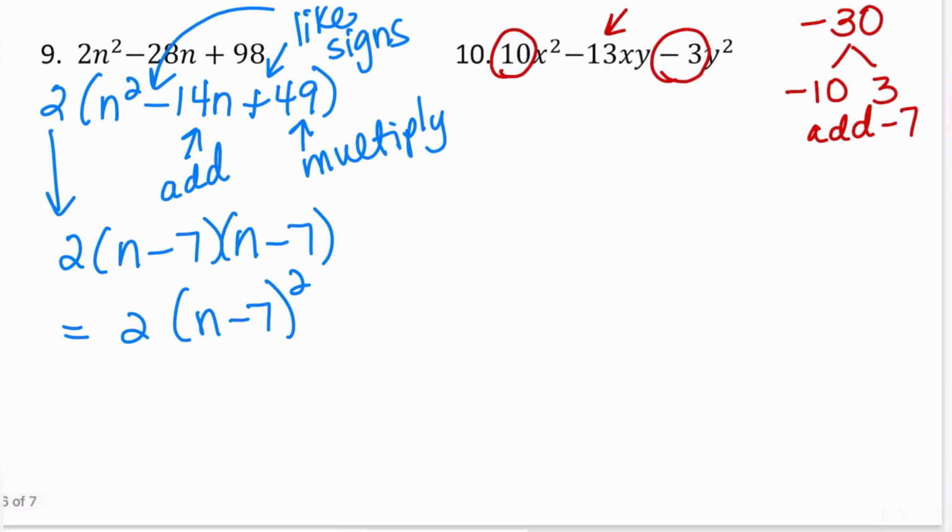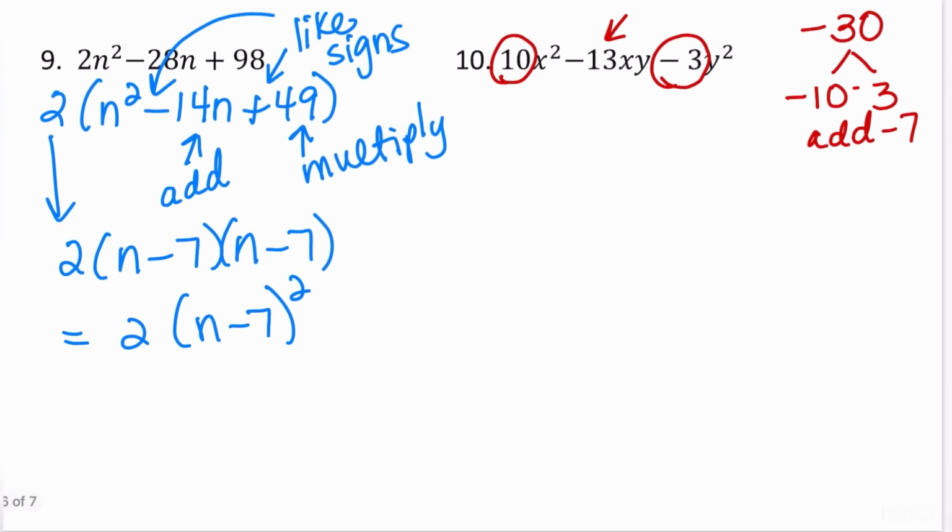You can't just say negative 10 and negative 3 because then that's going to multiply to give me a positive 30. So right now, the 10 and the 3 is not going to work. What else multiplies to give me negative 30? Negative 15 times a positive 2. Yes, this time around, it's going to multiply to give me negative 30, and it's going to add to give me negative 13. So I found the combinations.